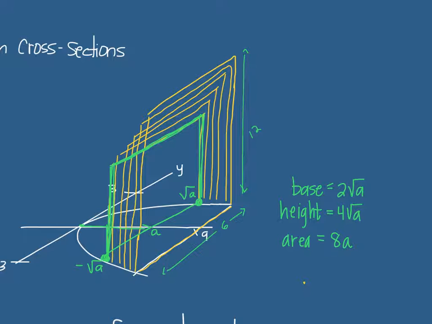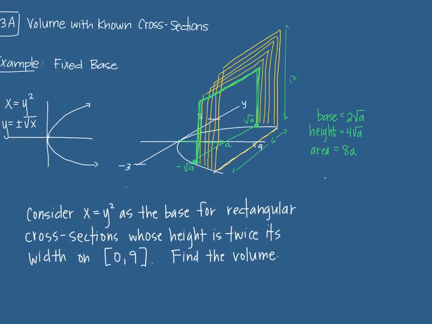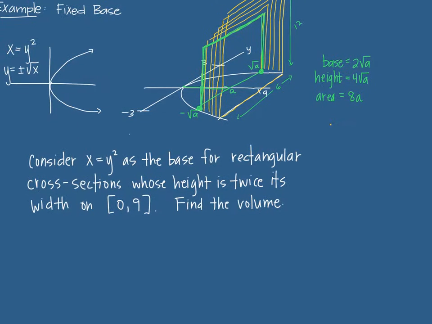So every single thin little slice of the cross section will have an area of 8A, depending on what A is. The way we're going to use calculus to get all of the area is that we want to take the limit of the sum of all of those 8A rectangles, as k goes from 1 to n, and n goes to infinity.